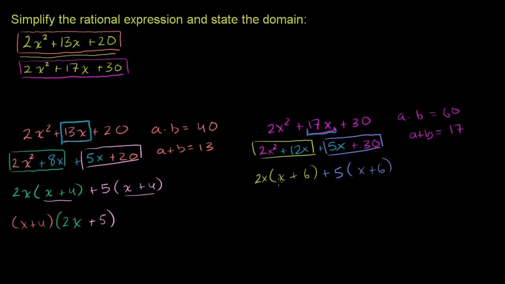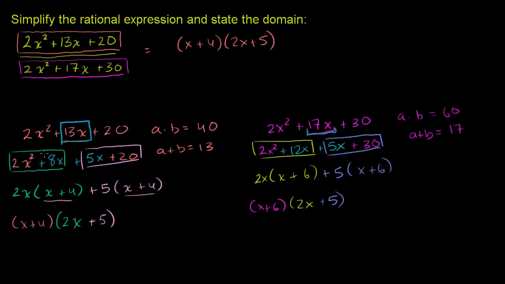Now we can factor out an x plus 6, and we get x plus 6 times 2x plus 5. So we've now factored the numerator and the denominator. Let's write this entire rational expression with the numerator and denominator factored. The numerator is x plus 4 times 2x plus 5.